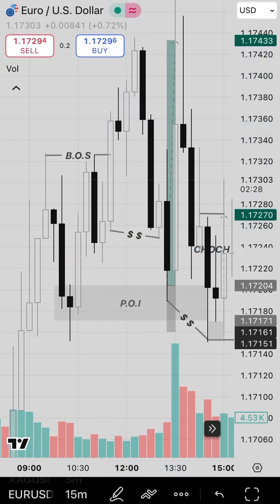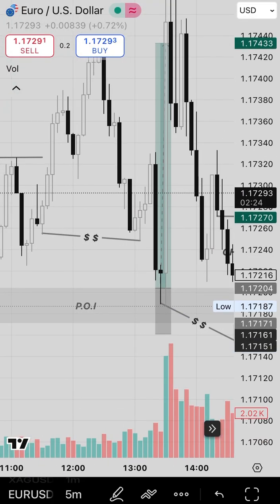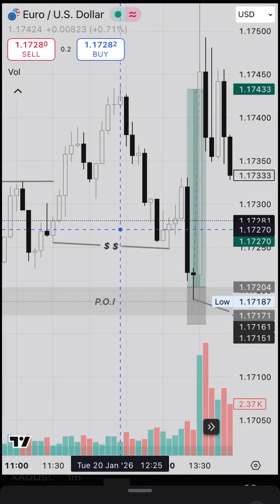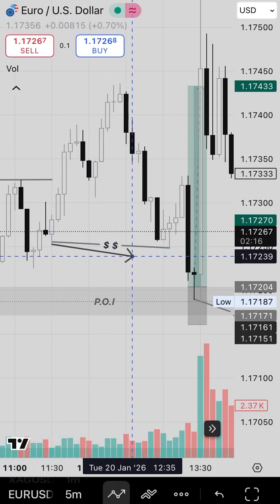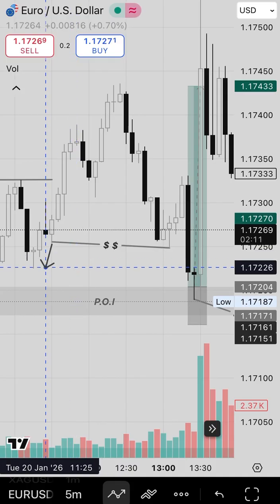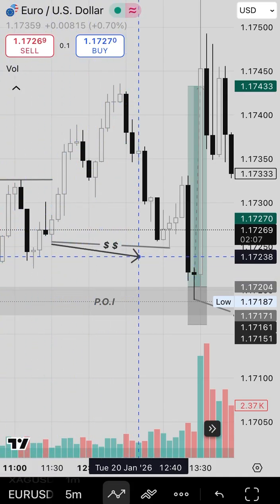Let me show you. Go down to 5 minutes time frame. Look at it. See, this is a liquidity sweep here, and this is inducements here.